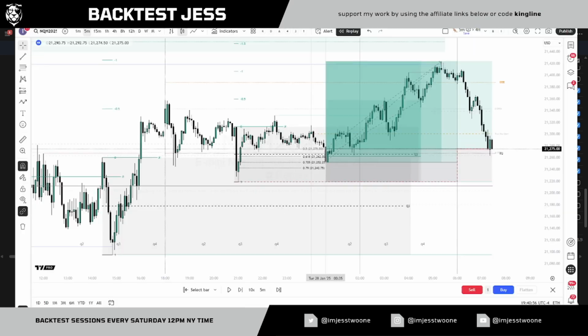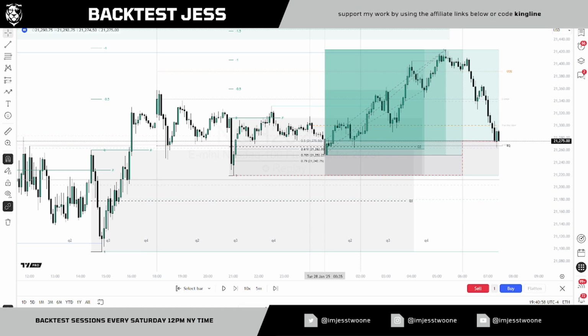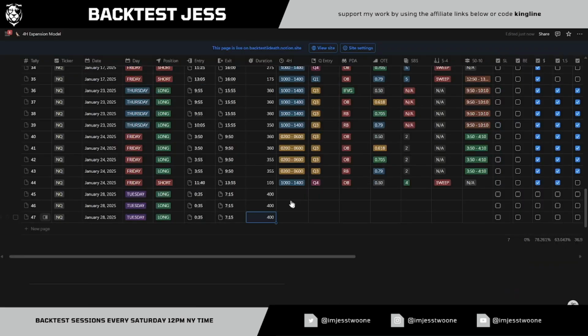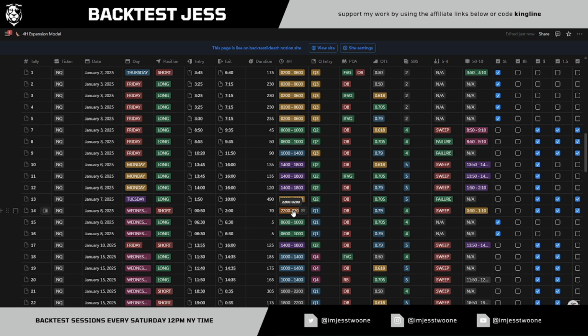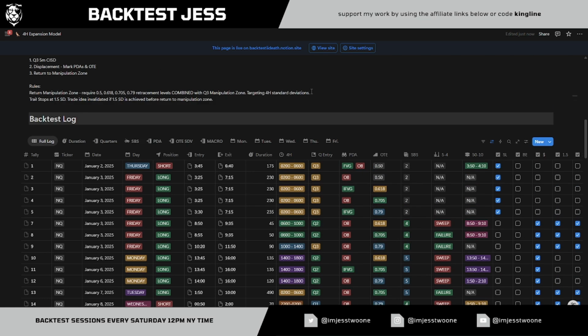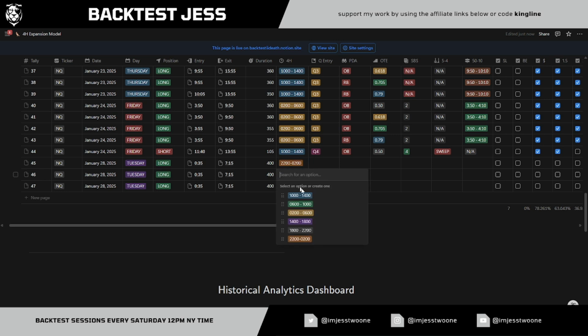And this is technically the 22 to 2 a.m. candle. So 22 to 2, which I think is the first. Oh no, this is the first. And that one was a win. Okay. 22-2.